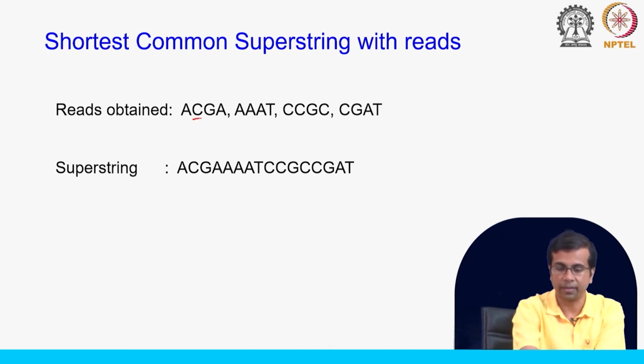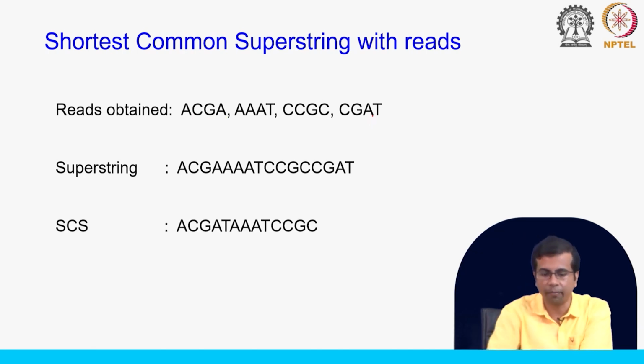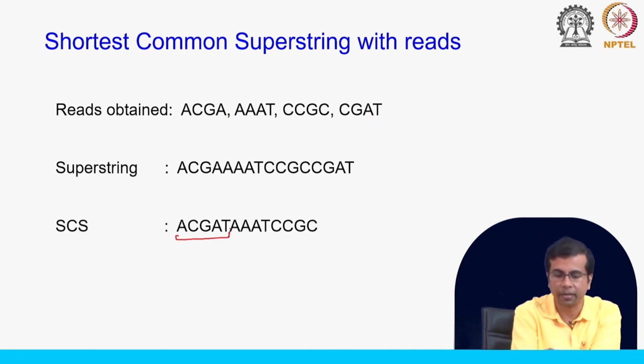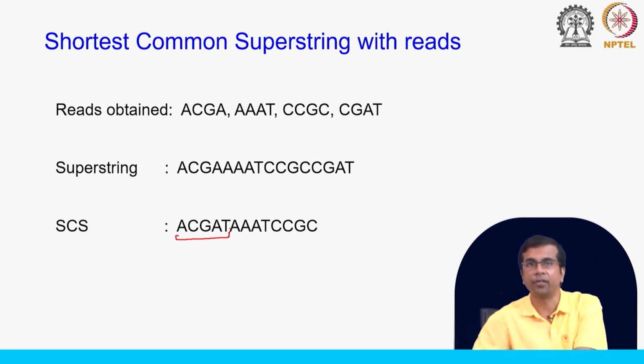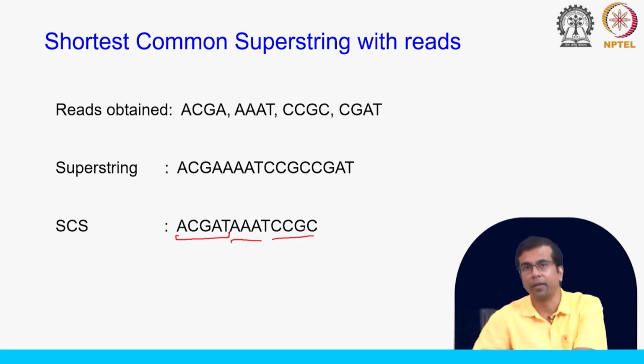One thing is that this part, CGA, is common between these two reads, ACGA and CGAT, and perhaps you can have ACGAT that will contain both these reads. And for the other two reads you have to have separate fragments, because they are unique.